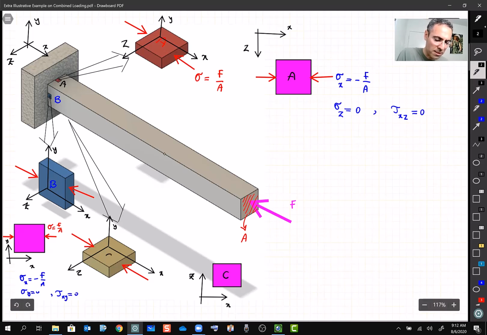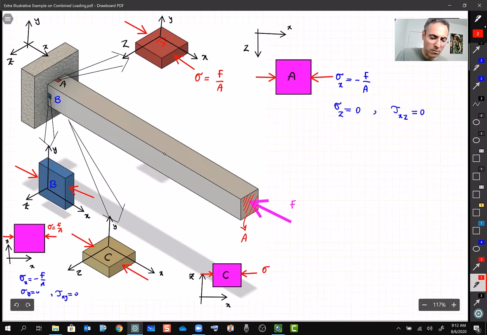And on this one, again, the only thing that we have is sigma X. The rest are 0. Sigma X is minus F over A, sigma Z is 0, tau XZ is equal to 0. Right? So this is the stress state for element A, B, and C, basically.